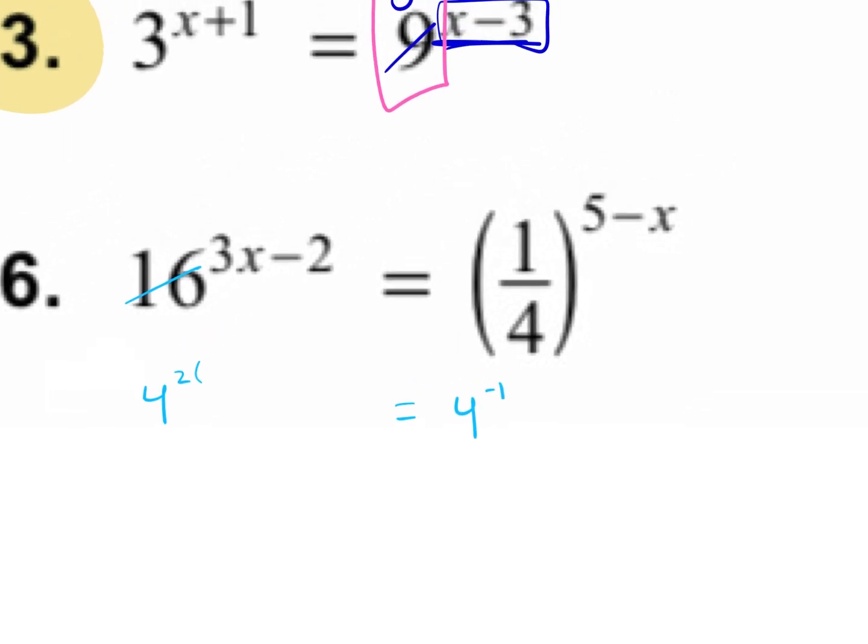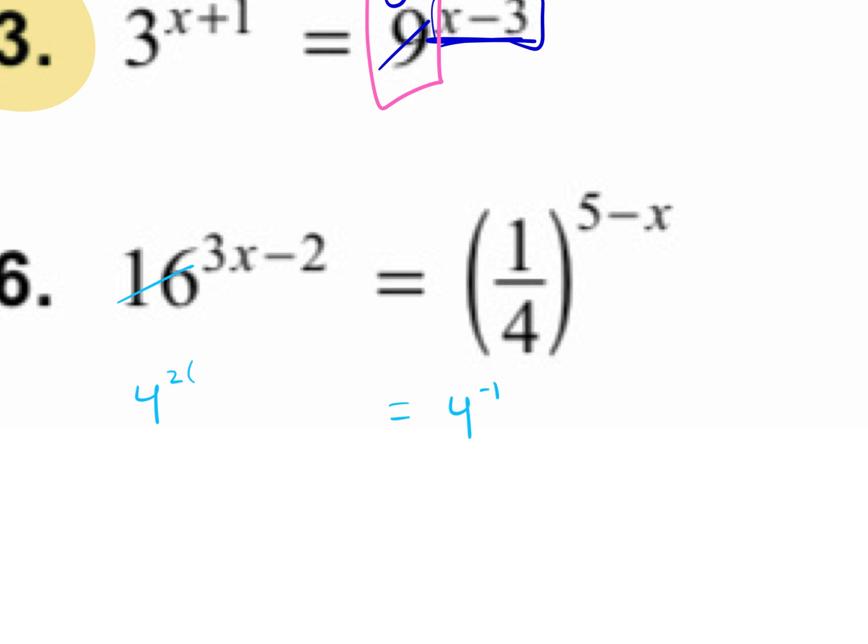So what a lot of people did on the quiz was they did 1 over 4, but changed it to be 4 to the power of negative 2. 4 to the power of negative 2 would be 1 over 16. So it changes the value. It's not 1 over 4. So that was the most common mistake.